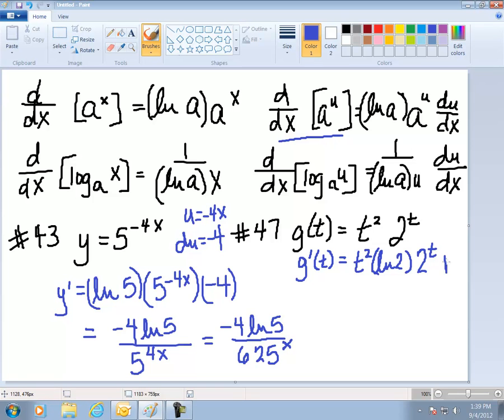And now it's going to be plus the second thing as is, which is 2 to the t, times the derivative of the first, which is t squared, so the derivative is going to be 2t. Okay, and now I can simplify that a little bit. Notice that out of each term I can pull out a 2t, got one there, got one there.